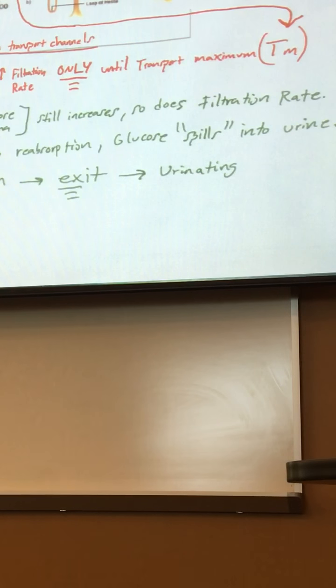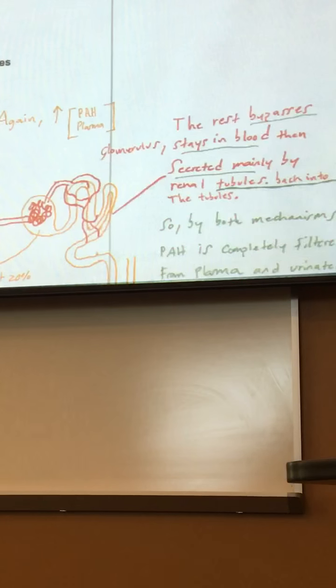Once you pass that rate, you're overloading the channels, so you're spilling the glucose into the urine through the filtration. It's just getting straight filtered, because it's not being reabsorbed any longer. Is everybody clear on the PAH?